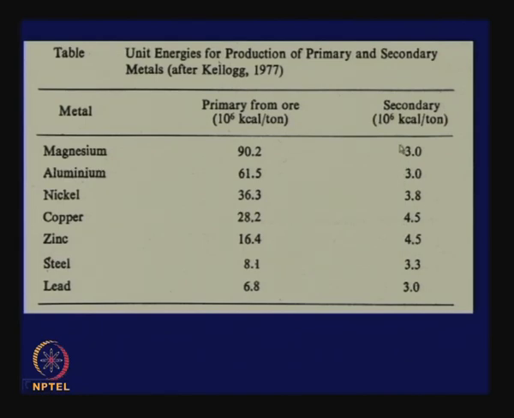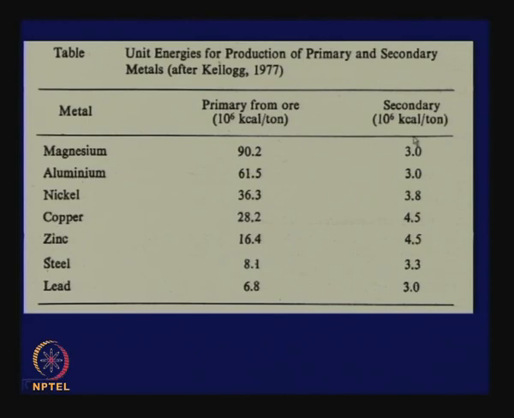Actually, it is only a process of refining you are going through. And incidentally, for metals like aluminum, the energy component is 30 to 40%. Much of the cost of the metal is the cost of energy. So, we have to give a lot of attention to processing of scrap.